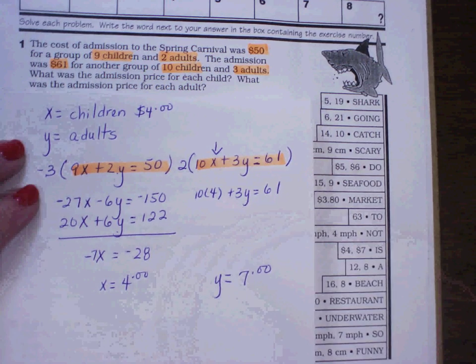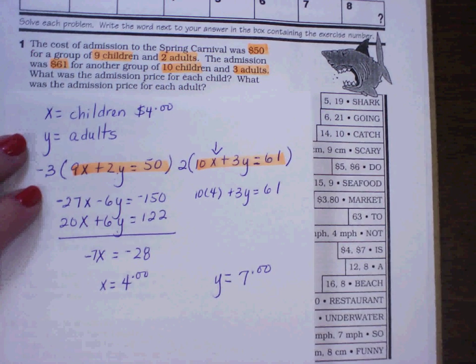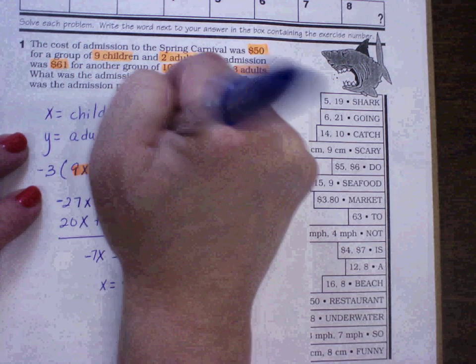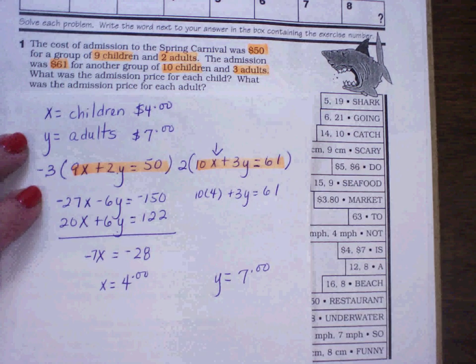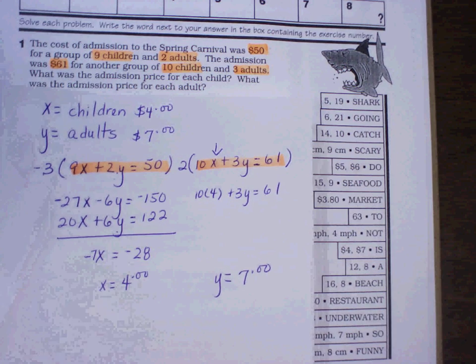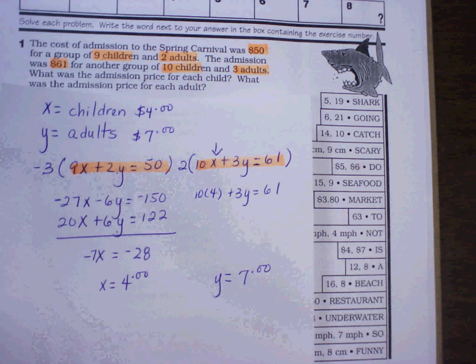Somebody's telling me 7. Is that correct? Yeah. Now, does that make sense that the adults pay a little bit more than the children? Yeah, so that's another way that you know that you're doing it correctly.